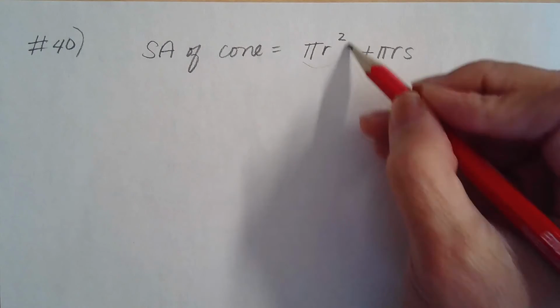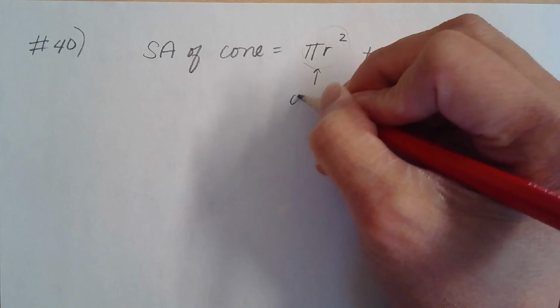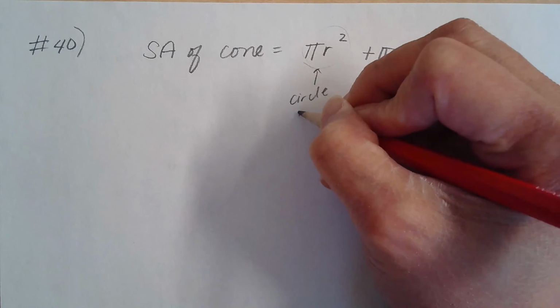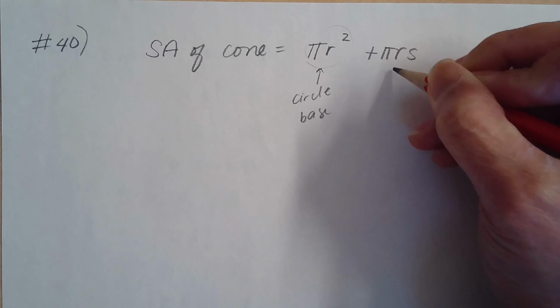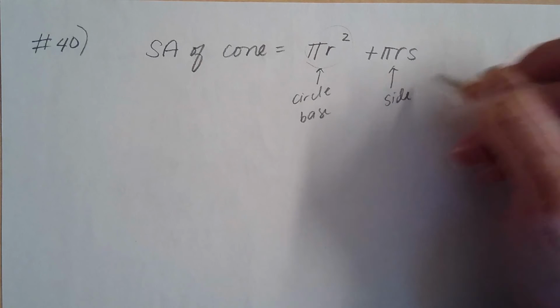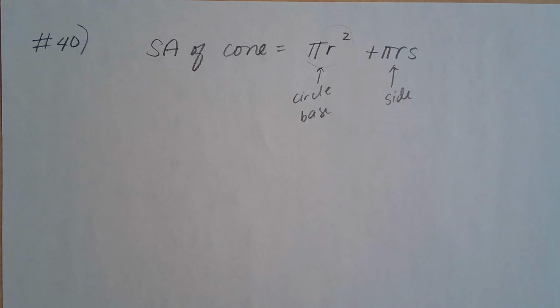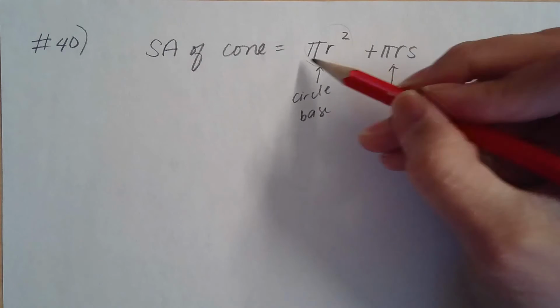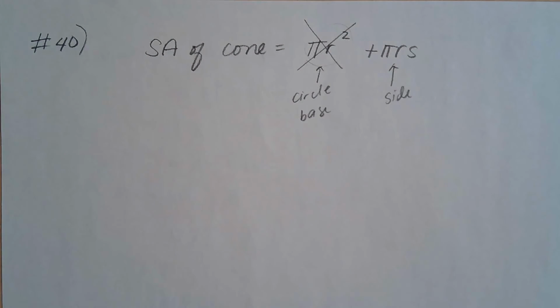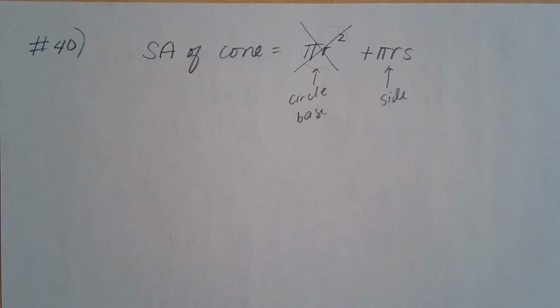So pi r squared, that's the circle base, and then this one here is the side of the cone. Because there is no circle to cover the base, or no top if you flip it upside down, then we have to get rid of that part, okay? Because there's no circle.